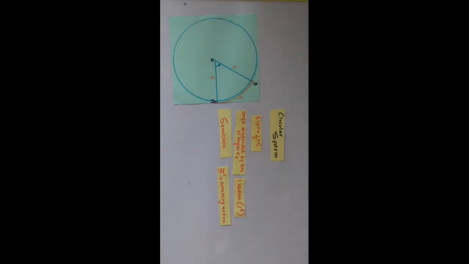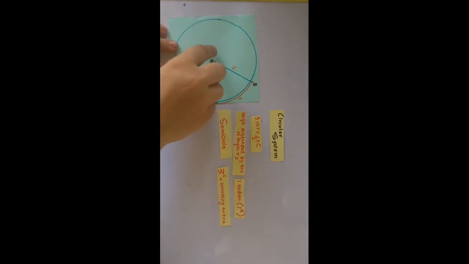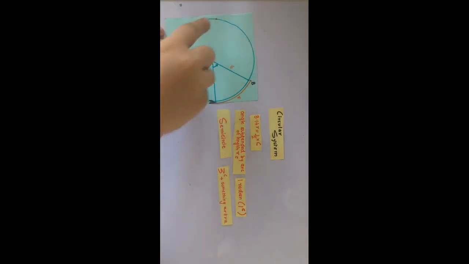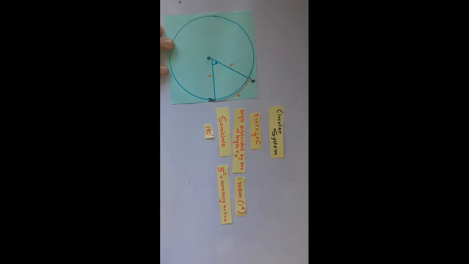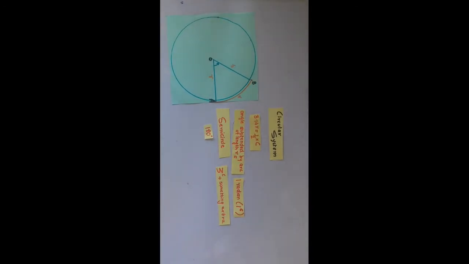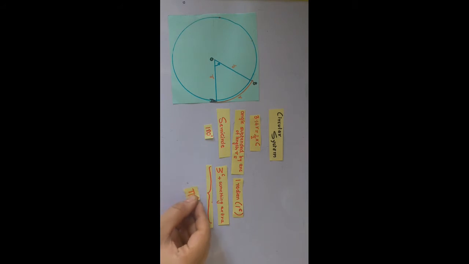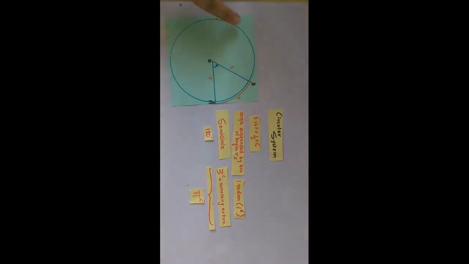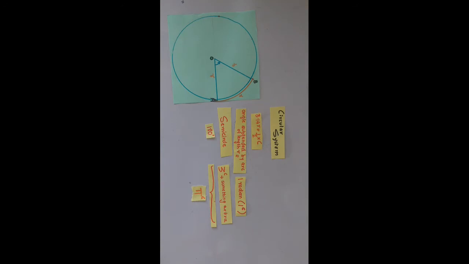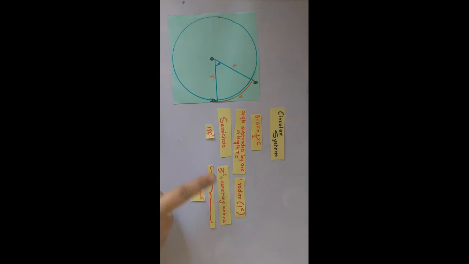Now, in degrees, the angle at the center of the circle made by a semicircular arc will be equal to 180 degrees. That is, half of a circle is 180 degrees. So these 3 radians plus something extra will be equal to pi radians, because 3 plus something extra is equal to pi.